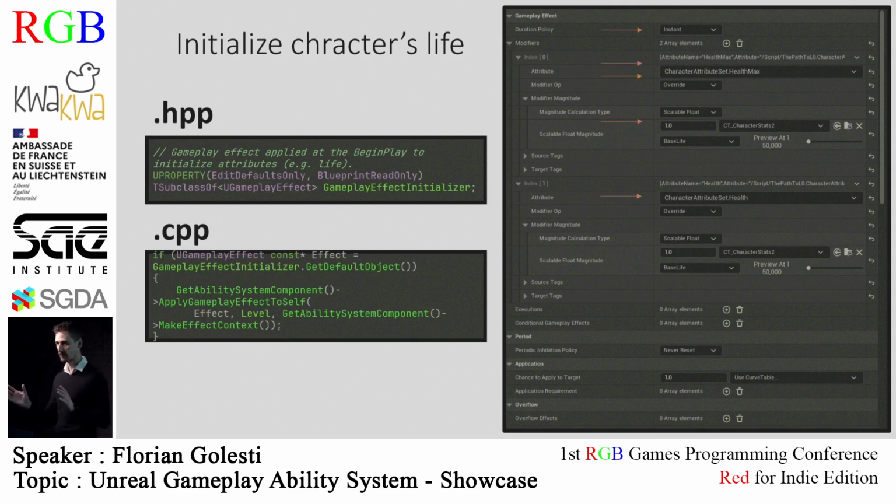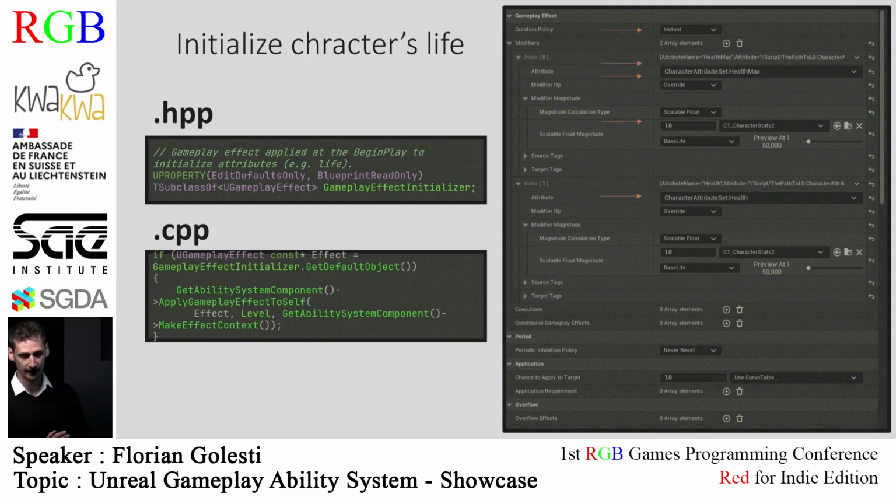Instead, we have all our data in a spreadsheet, and we can say that at level 5, this kind of character, so the main player character, will have 100, and we can tweak everything in a spreadsheet. We import it with a curve table in Unreal, and then at begin play, we apply this gameplay effect that will override all the attributes to initialize the life and every other attribute. So here we have the instant gameplay effect that will override both health and health max and set the attribute depending on the level, which is 50 at level 1.